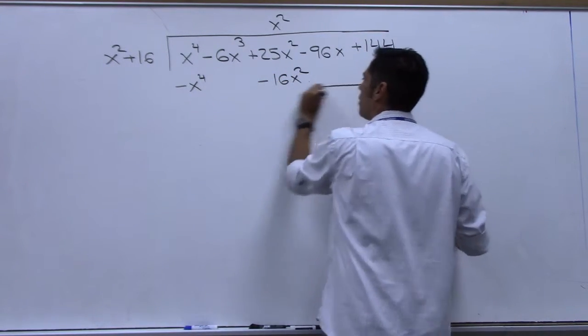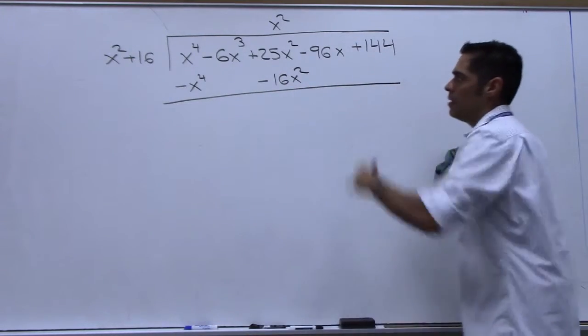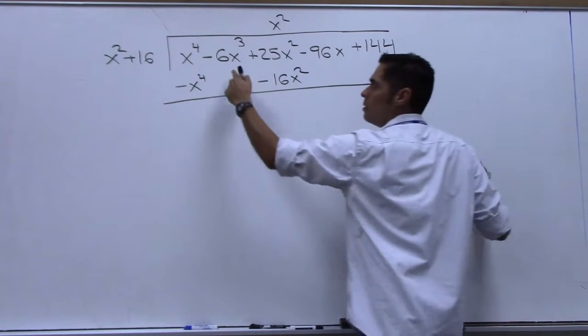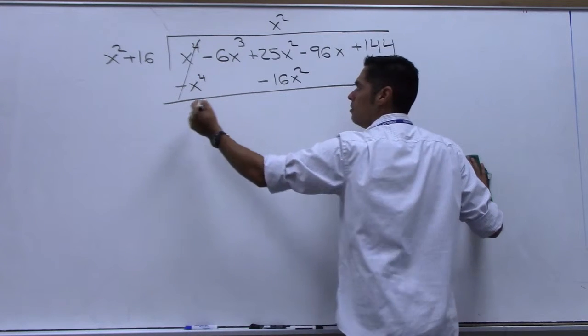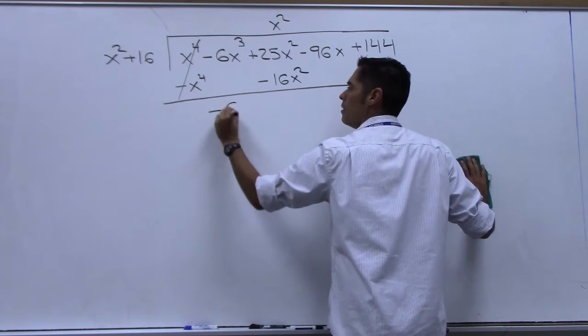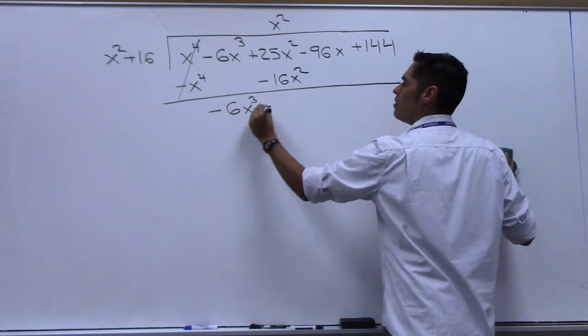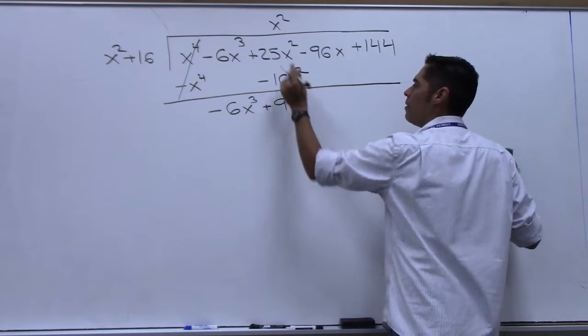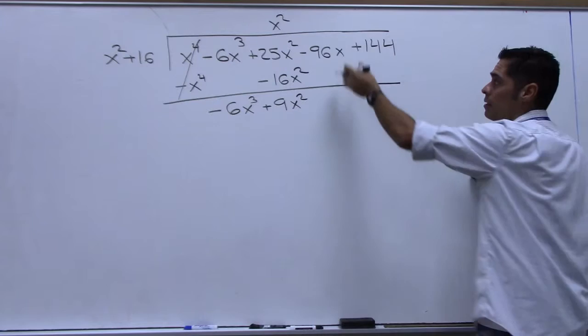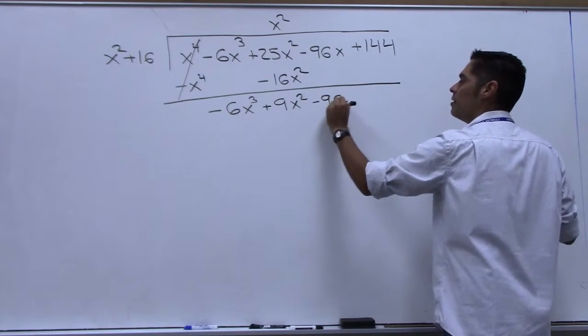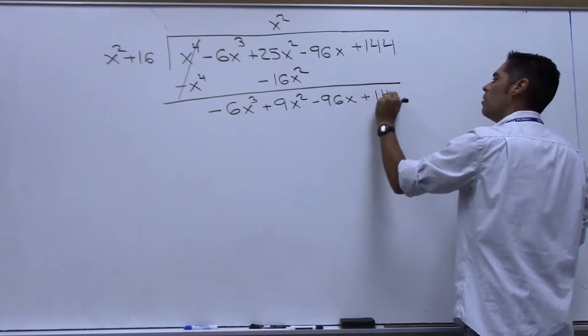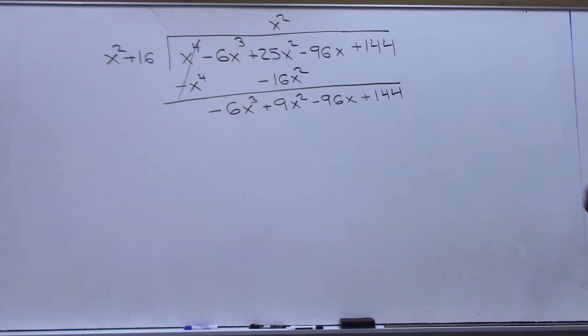Now what happens when you go down there? When you add down now? X to the 4th cancel. Negative 6x cubed plus 9x squared. Be careful on the signs there. Minus 96x plus 144. So everything comes down, right?